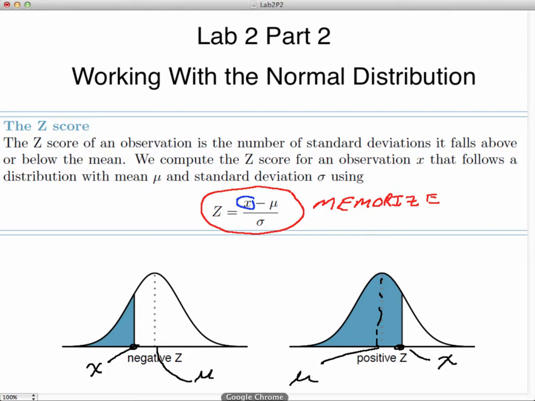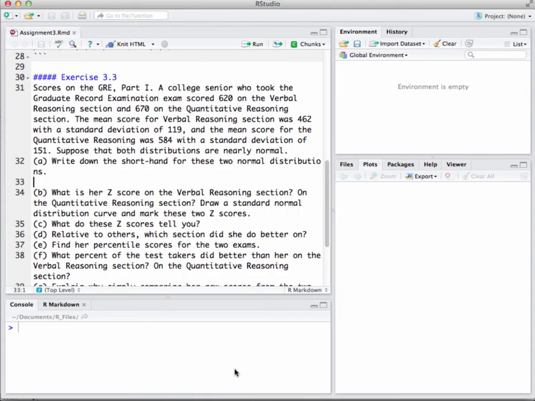So we're going to get over to RStudio for that because I've already gone in and preloaded that exercise into the RMD that we were working on in part 1. And here in part 2, we're going to start working on exercise 3.3, which says scores on a GRE. We're actually going to do two problems, 3.3 and 3.5, both have to do with this scenario.